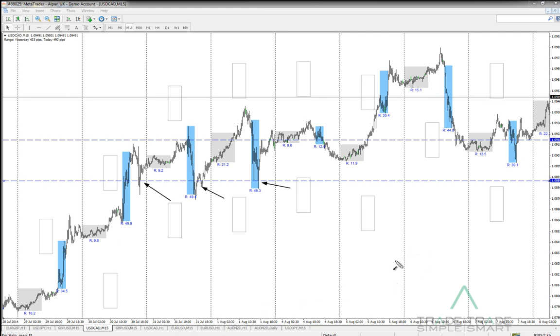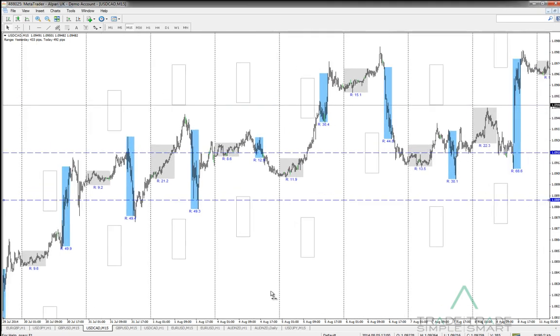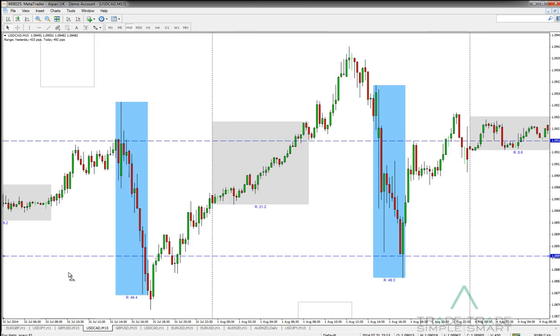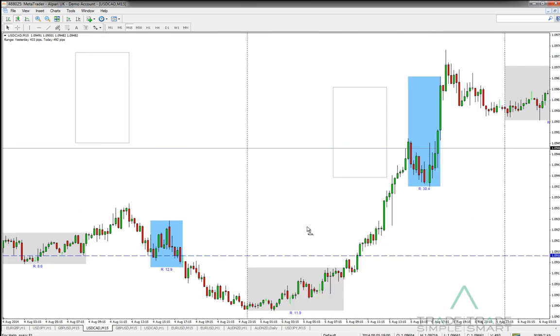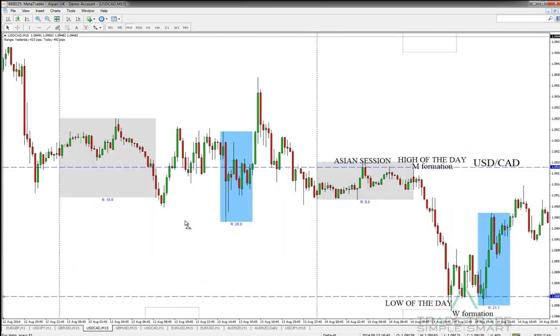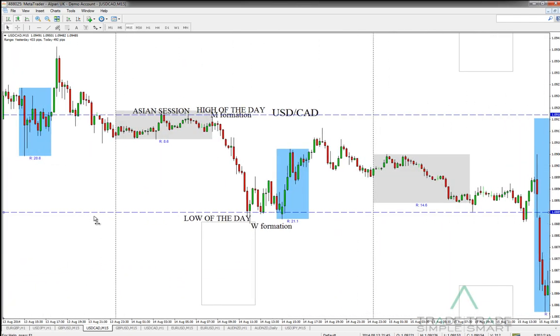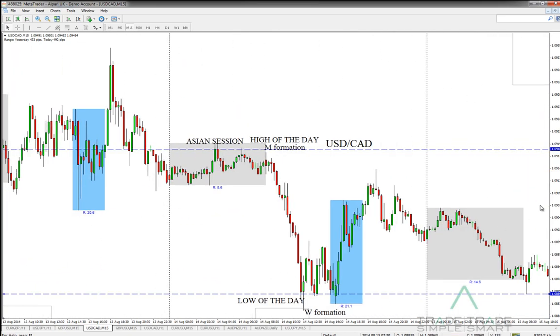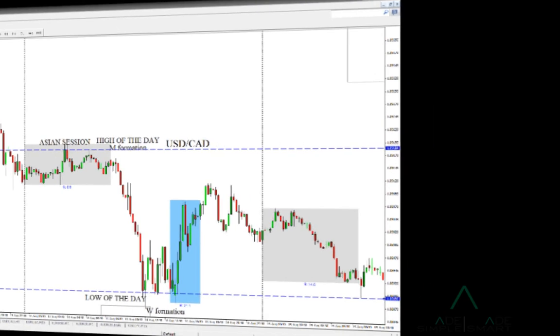So again, with both the high and lows of the day, we're generally going to see manipulation take place, whether this is to induce traders into the wrong side of the market or to trap traders for the following day's session, and they will generally align with prior support and resistance levels.